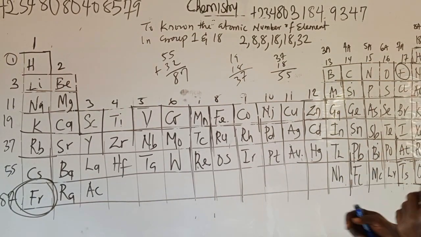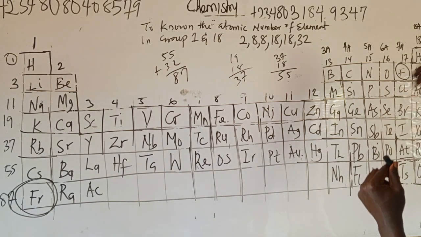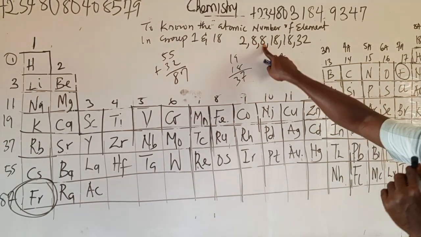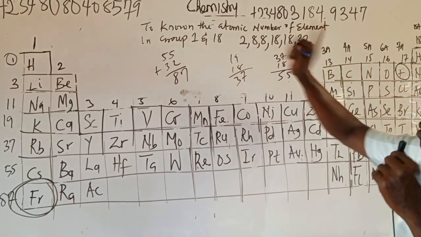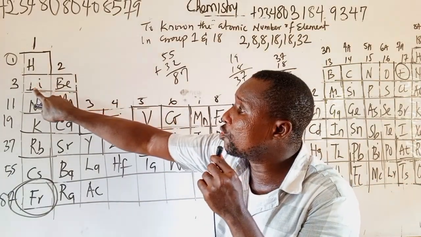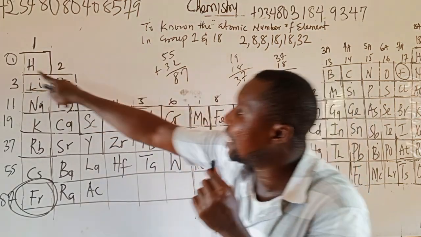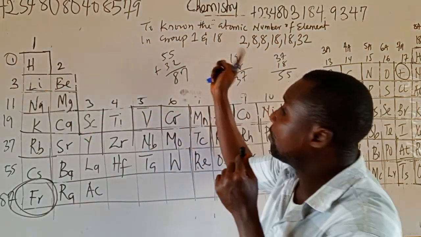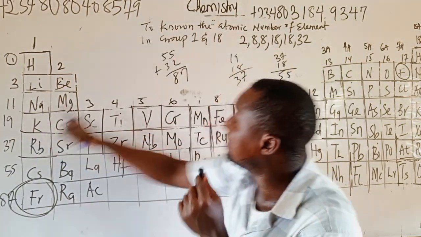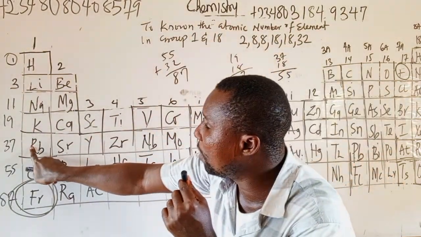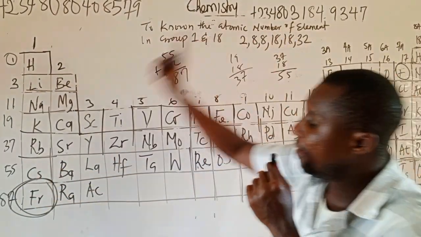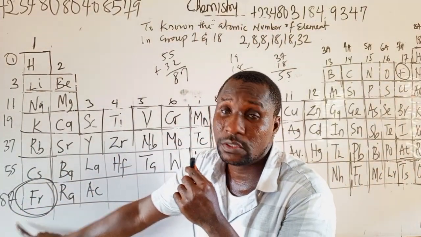Once you have atomic number of hydrogen, 1, add 2 to get lithium, add 8 to get sodium, add 8 to get potassium, add 18 to get rubidium, add 18 to get caesium, and add 32 to get francium.